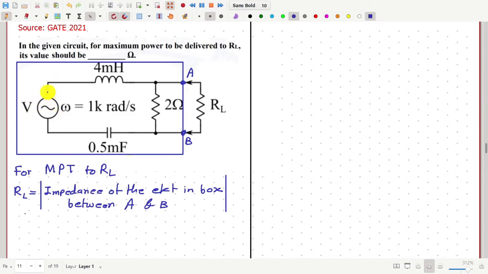So the internal impedance of this source is 0 ohm.